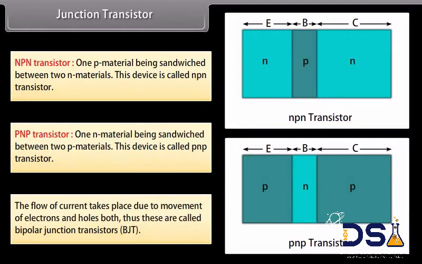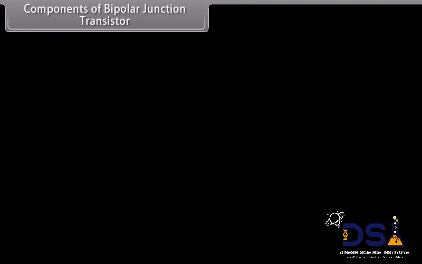The flow of current takes place due to movement of both electrons and holes. Thus, these are called bipolar junction transistors. Components of a bipolar junction transistor.